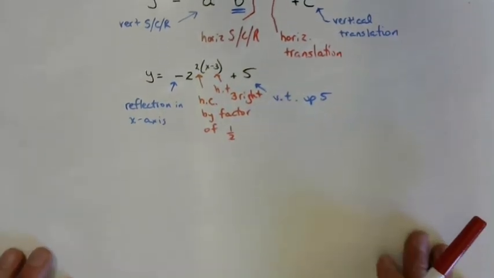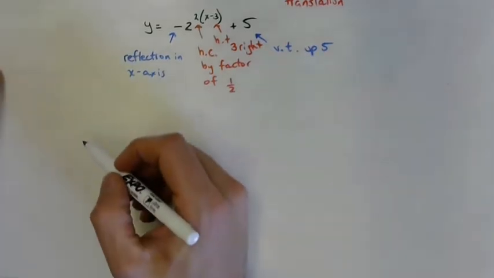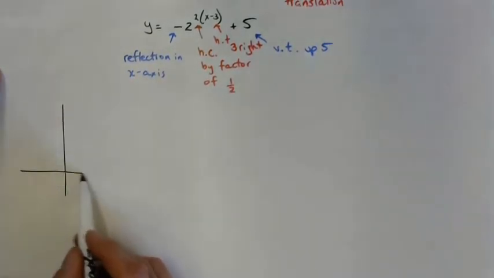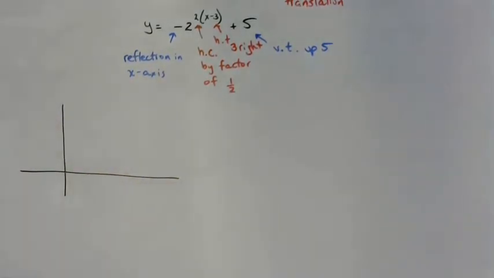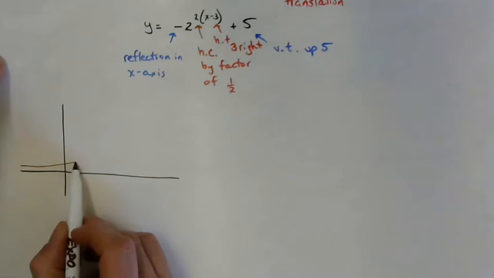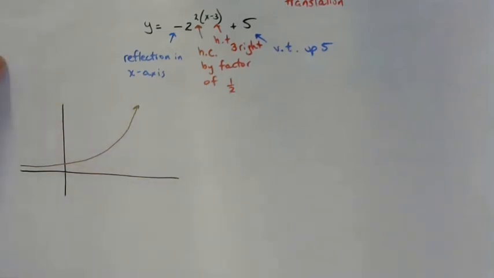Okay. So now that we have that information, let's get into graphing it. You have 3 different graphs there that are going to help you to do it, so I'll try to do it the same way. We're going to start with our standard 2 to the power of x. You can think about a couple of the points that it goes through.